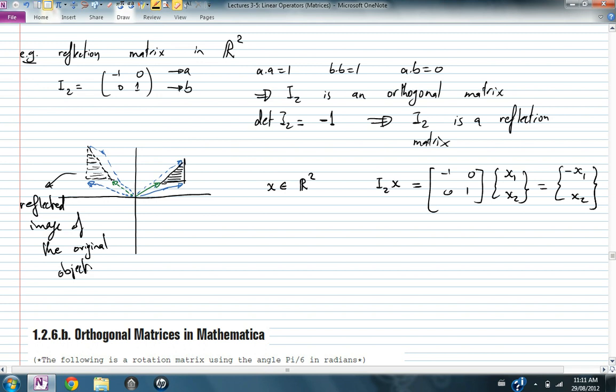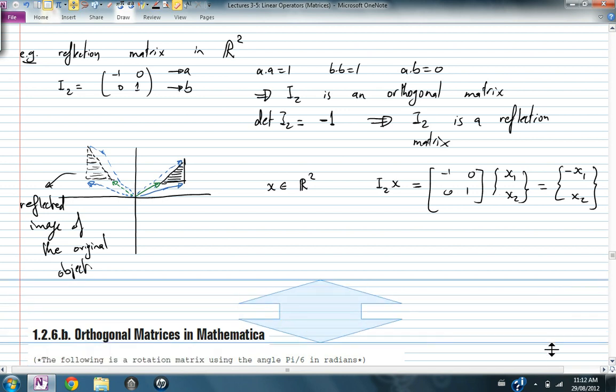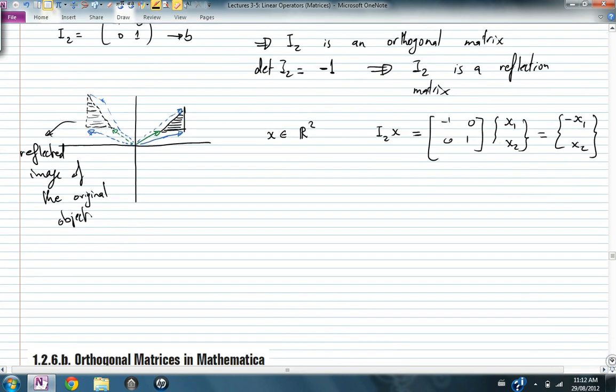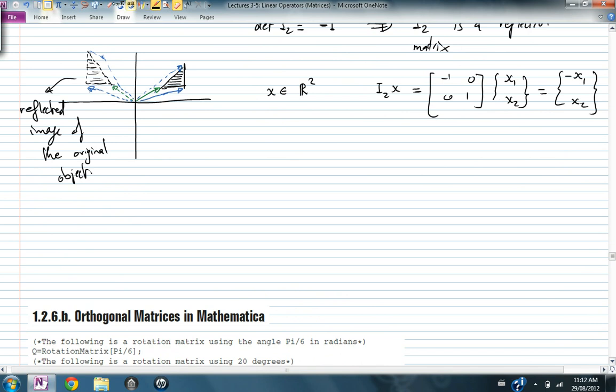Now, the next example is how can I construct 2D matrices of rotation. Now I have to write a note here. It's very important because that's always a source of mistakes in the exams.